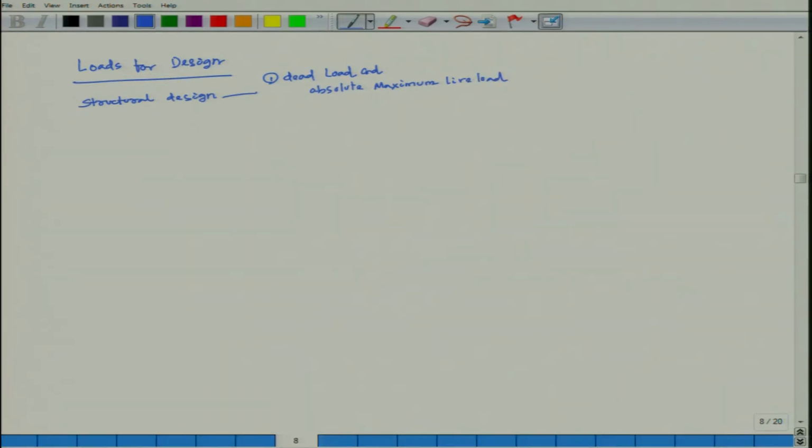So for structural design we are considering dead load and absolute maximum live load. This can occur in the life of the structure, corresponding to some duration.